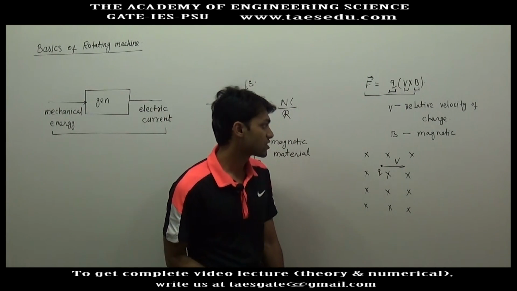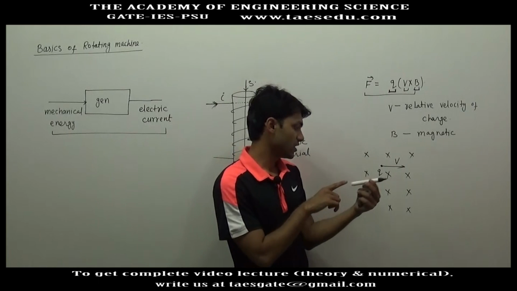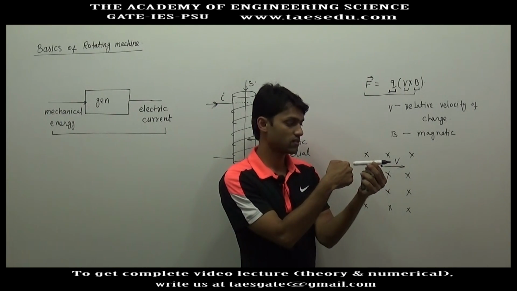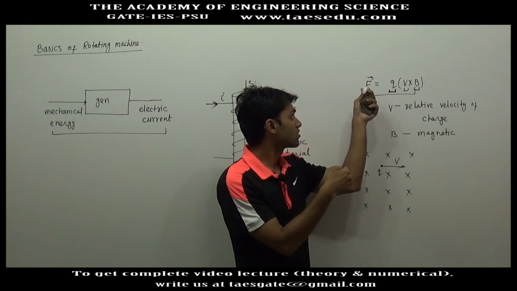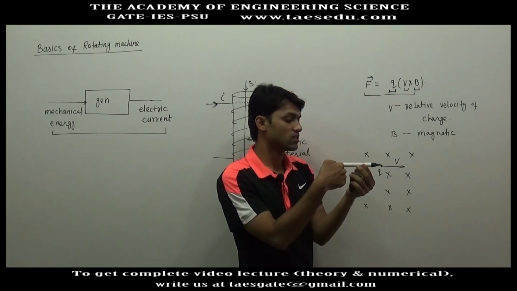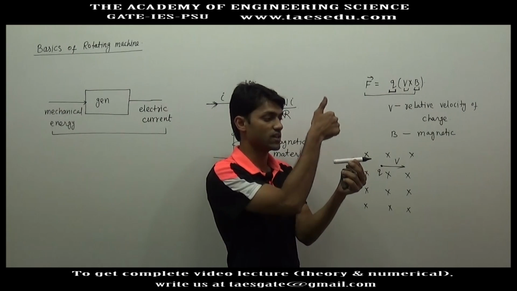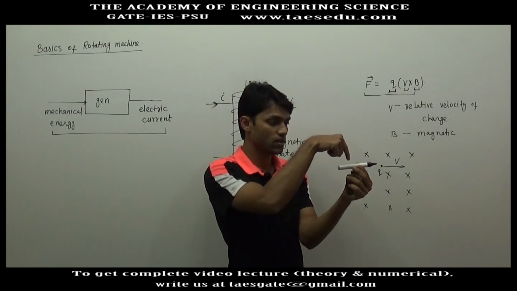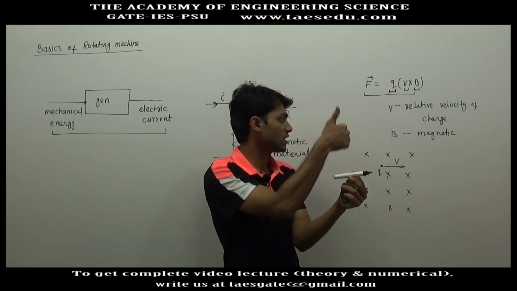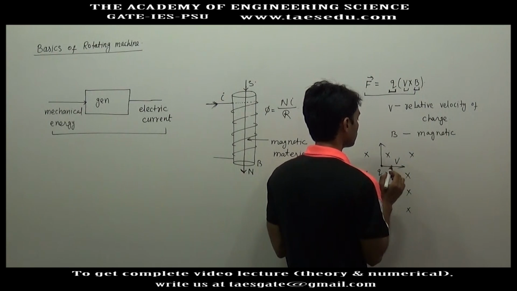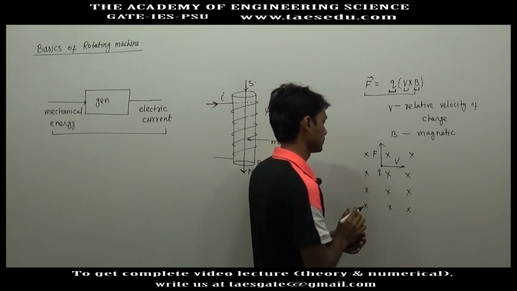So what will be the direction of V cross B? V is in this direction and B is inside, and the direction of force is decided by V cross B. B is inside, so from the right hand thumb rule, V cross B will be in upward direction. So the direction of force will be upward.